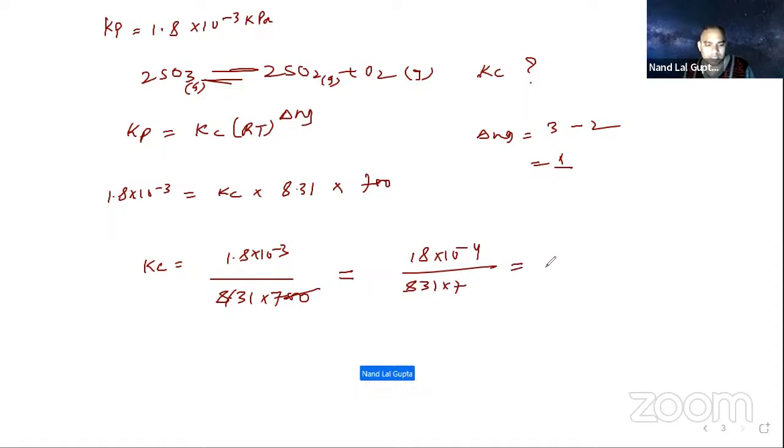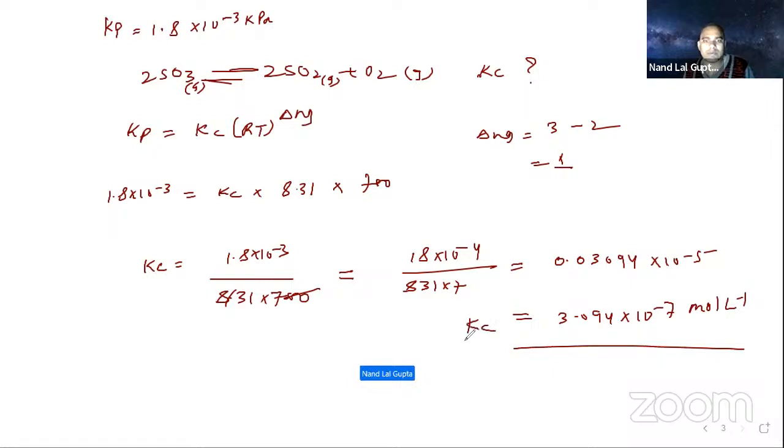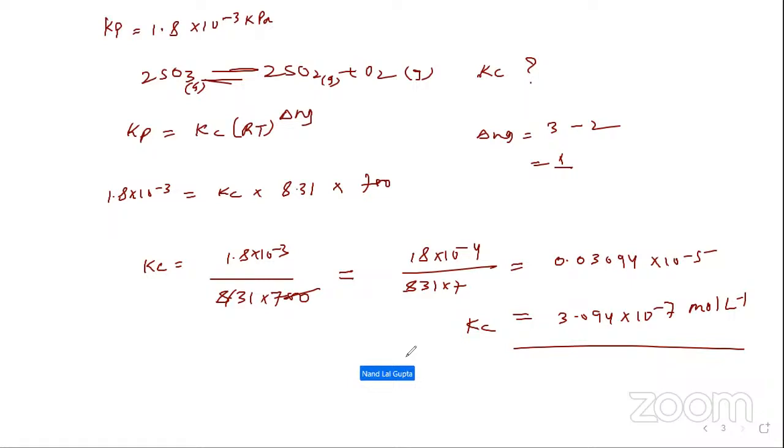If you are solving this, how much is it coming? 0.03094 into 10 power minus 5. You can rearrange this as 3.094 into 10 power minus 7. The unit will be mole per liter. Can you do this type of problem? Understood or not? Yes. Okay.